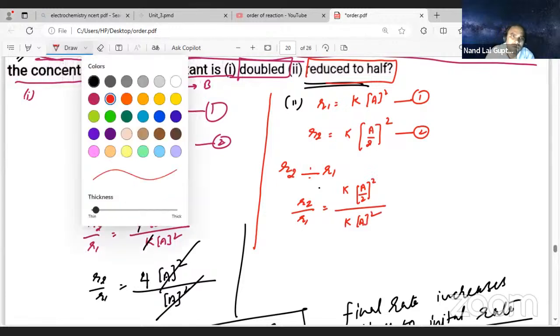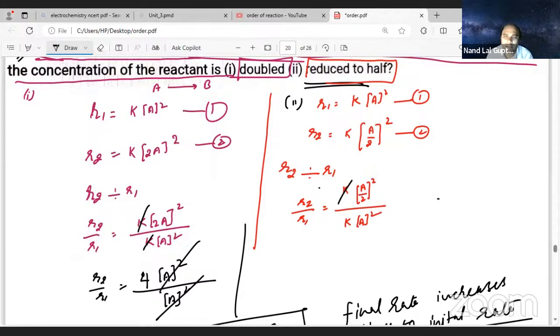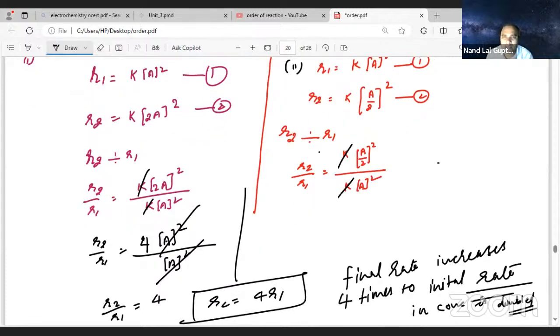So what is going to be, Sanoe? K cancels out, and here we need to solve a little bit. So R2 by R1 equals A square upon 4 into A square. So A square cancels out. So R2 by R1 is equal to 1 by 4.